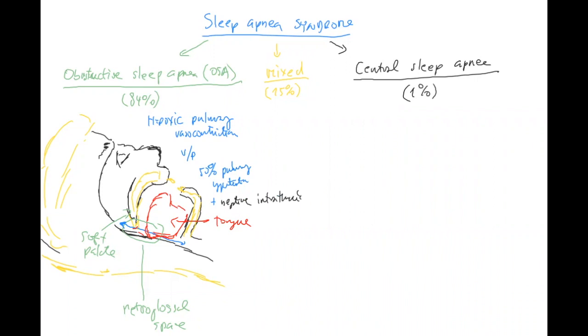And what happens is, when there is a decreased pressure, there's an increased venous return to the right heart. So there's increased preload of the right heart. The heart then ejects against the increased resistance because you have a pulmonary hypertension at that moment, or there's vasoconstriction.